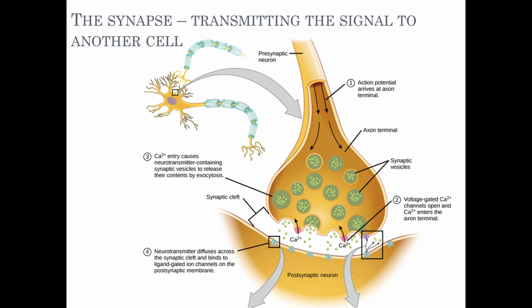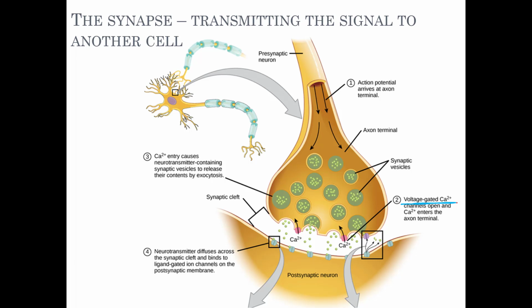In the axon terminal, in the terminal bulb, there are a couple of important characteristics. The first one is that there are voltage-gated calcium channels. These are voltage-gated calcium channels, not sodium channels anymore, not potassium channels.